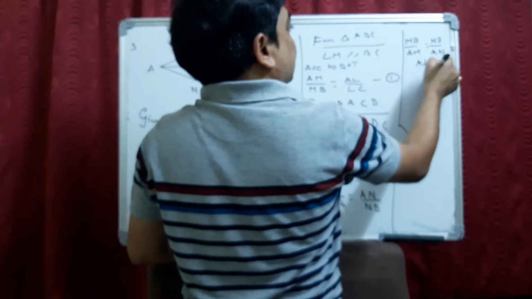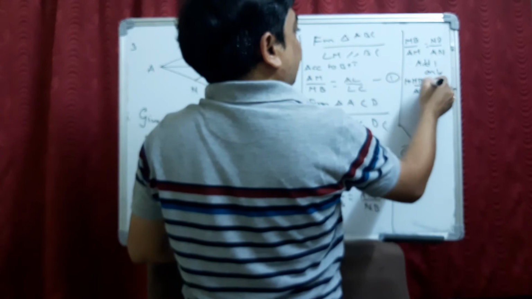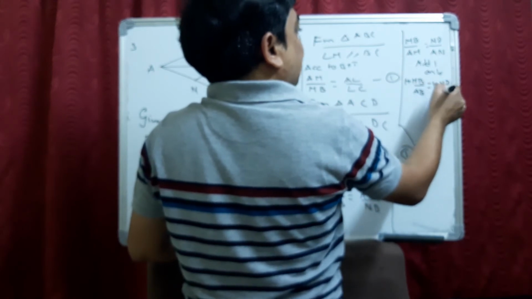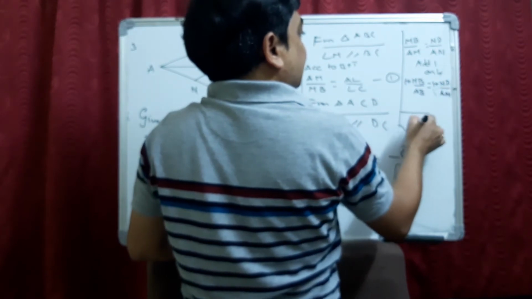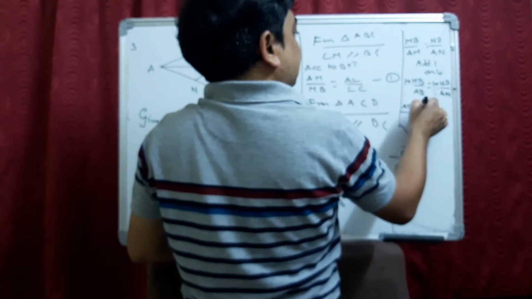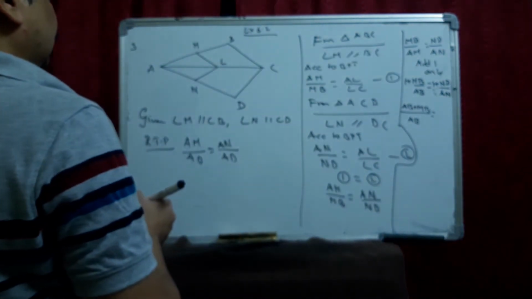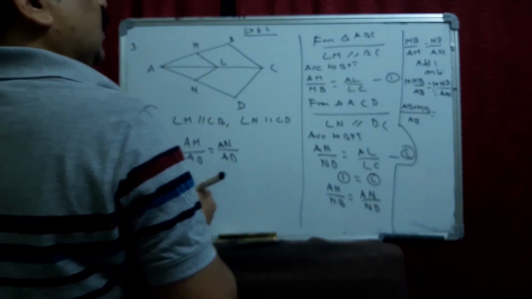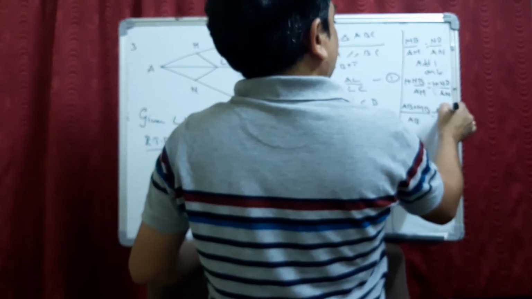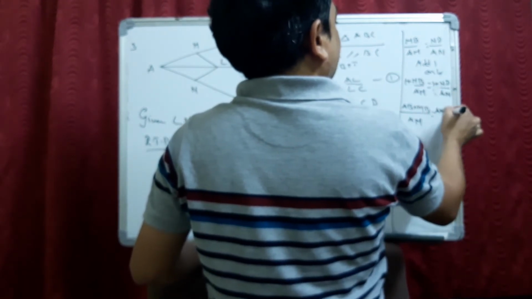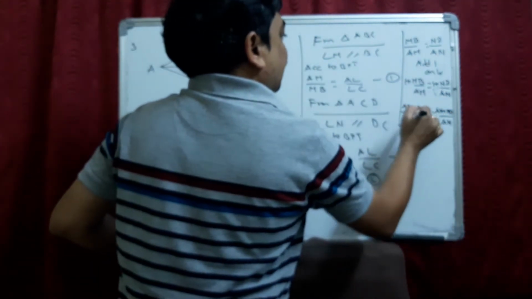Now add 1 on both sides. 1 plus MB by AM equals 1 plus ND by AN. Now when you take LCM, the LHS becomes AM plus MB by AM, and the RHS is AN plus ND by AN.